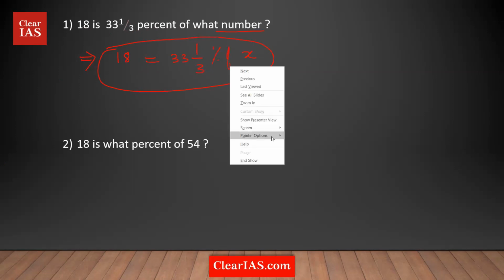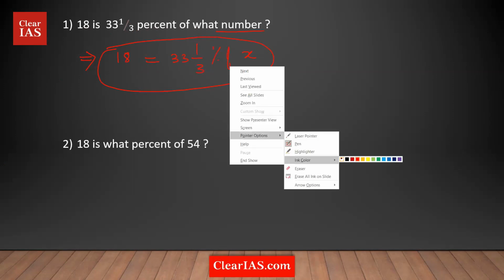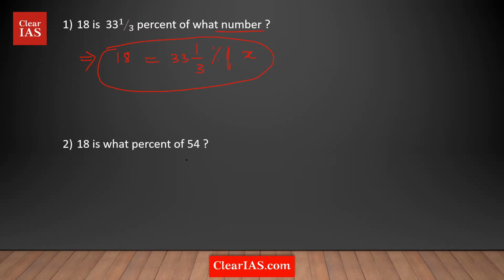So how do you calculate x here? All of you, can you calculate x? Find x. 18 is 33 and 1 by 3 percentage of x.